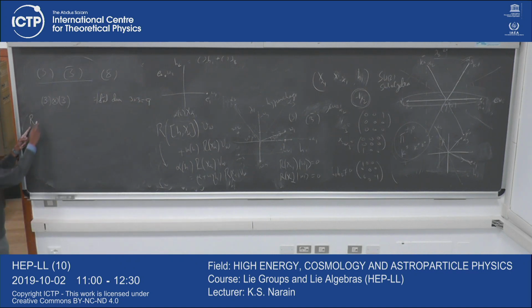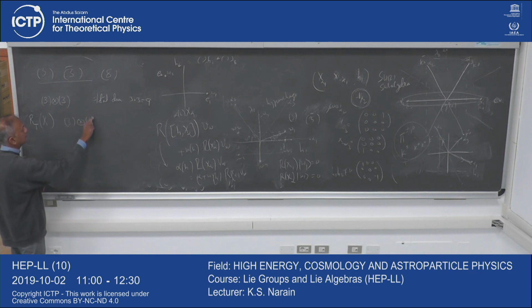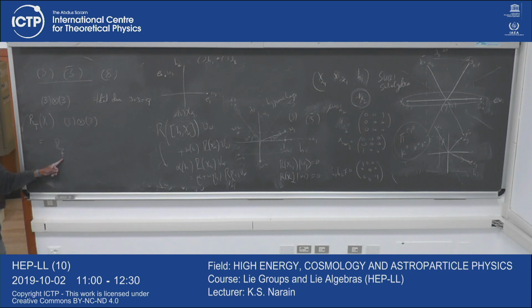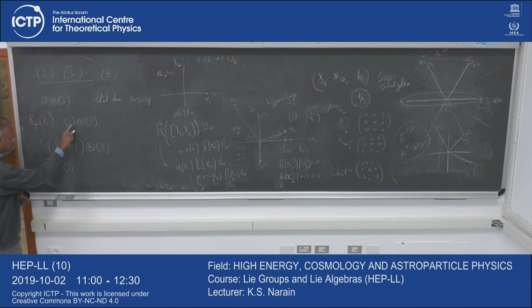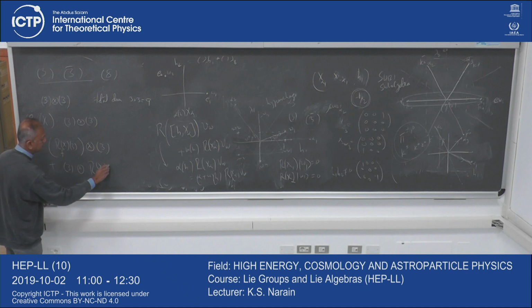And the way R of any Lie algebra element X, Cartan or non-Cartan, doesn't matter, any X, acting on this tensor product representation will be a sum of two terms. One is R fundamental of X acting on the first 3-dimensional representation, tensor the second 3, plus nothing happens to the first 3, tensored with X acting on the second 3.